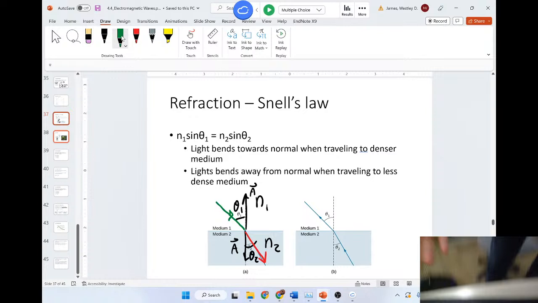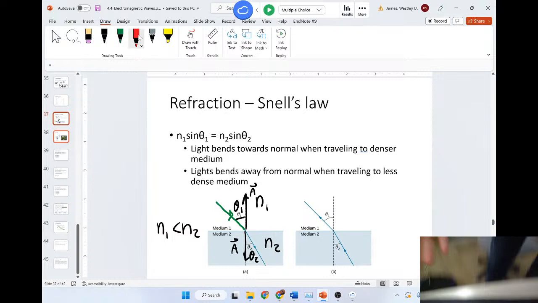Basically, the problem below this is just which direction you're going. You can see here, medium 1. And in this problem down here, N1 is less than N2, and you can see that the angle it exits with is smaller than the angle it enters with.